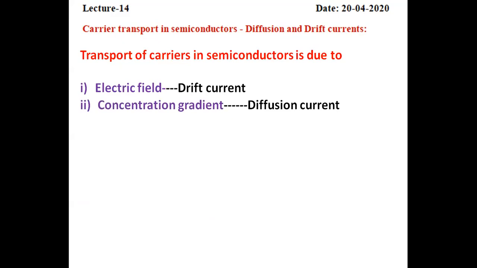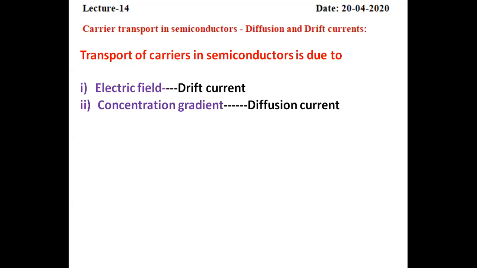Similarly, there is also one more driving force in semiconductors, that is known as concentration gradient. If you take a semiconductor material where in one place the concentration of charged particles is more than in another, then this concentration gradient results in transportation of charged particles from the high concentration region to the low concentration region, so that they constitute some current.